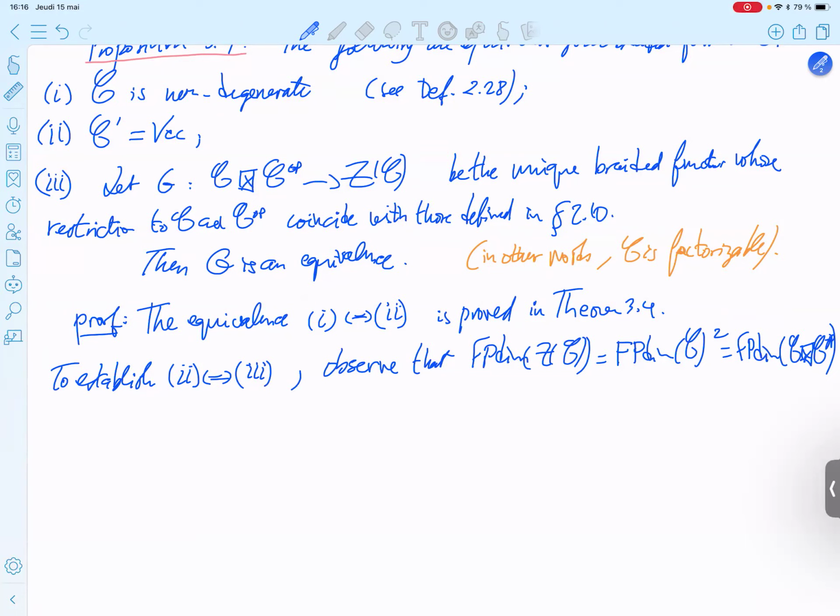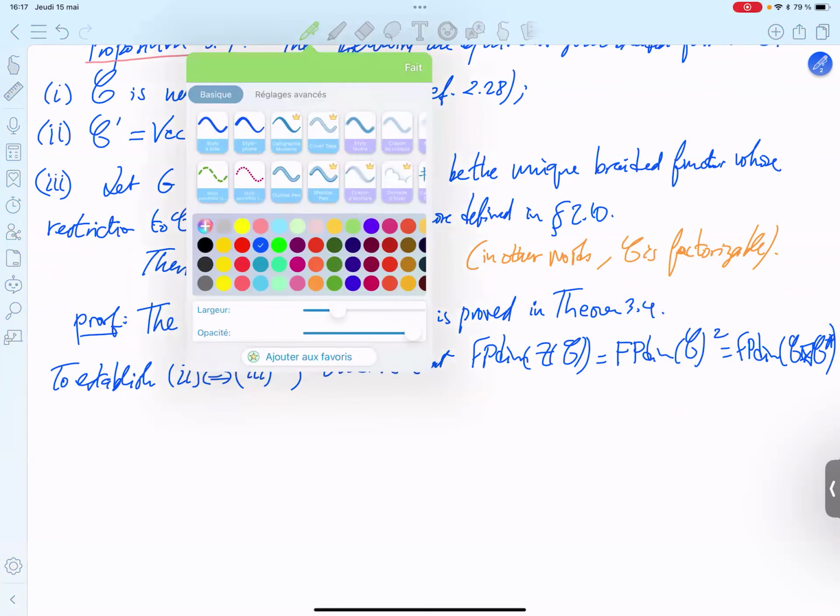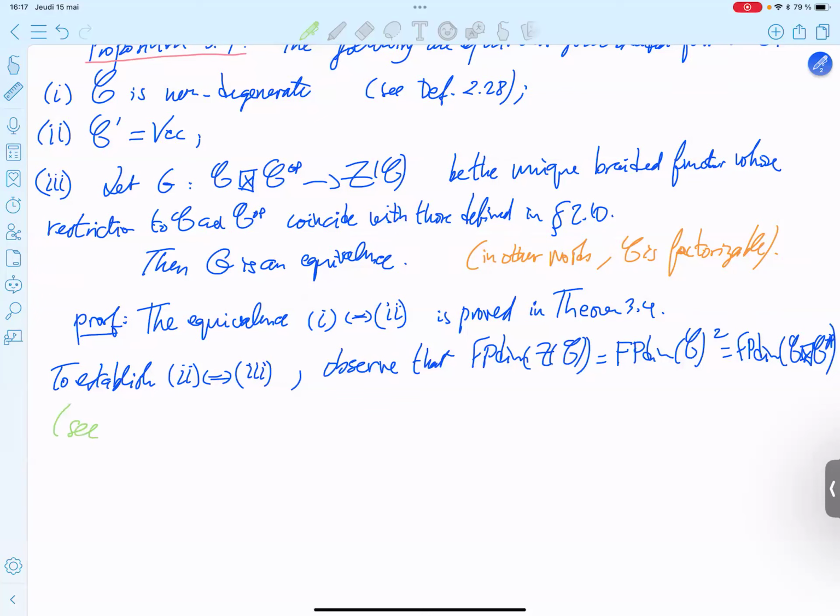Yeah, equation 25 is exactly, we have the square. And this, in fact, follows from the definition of a Deligne tensor product. It's not complicated, at least. The first equality at least is equation 25.